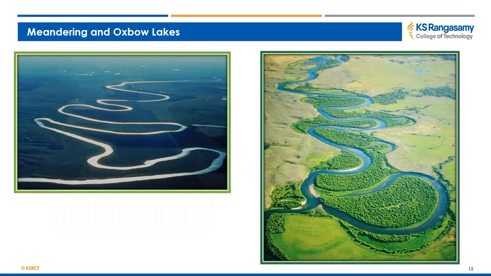Then there are meander terrains and oxbow lakes, formed from top to bottom, like a zigzag or S-type curves in normal plain areas, where the river forms its own course. This is called a meander terrain or oxbow lake.